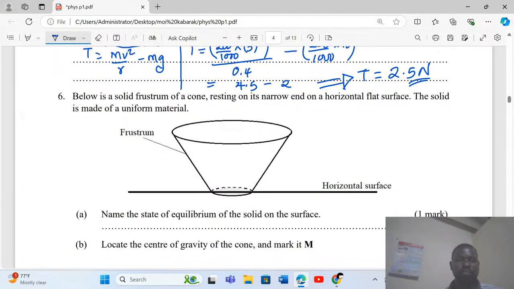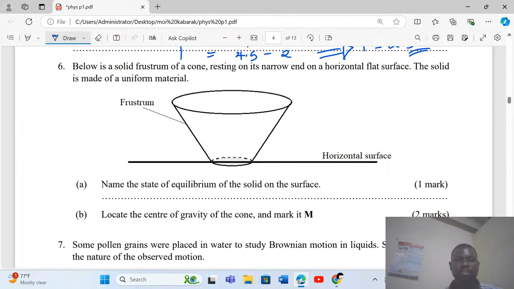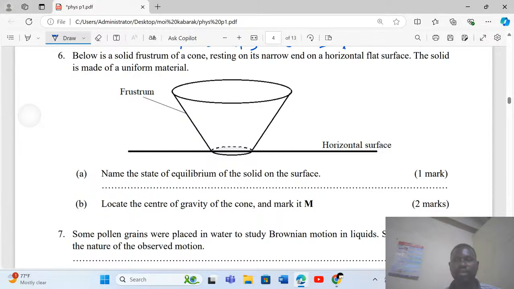Below is a solid frustum of a cone resting on its narrow end on a horizontal flat surface. The solid is made of a uniform metal. Name the state of equilibrium of the solid.